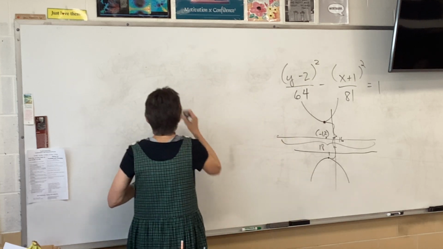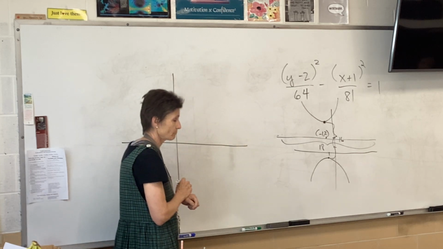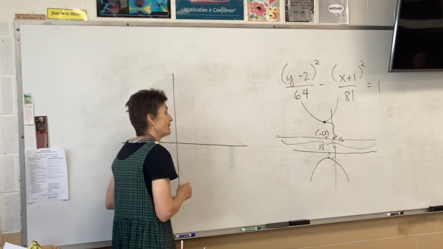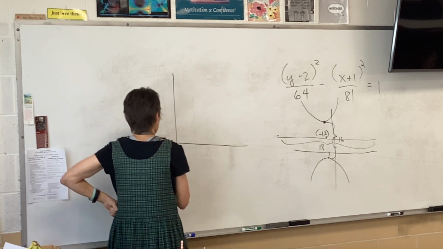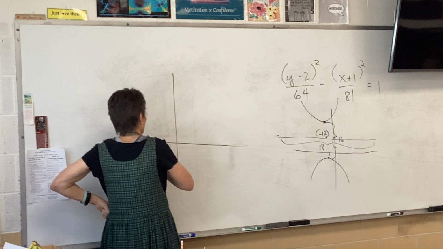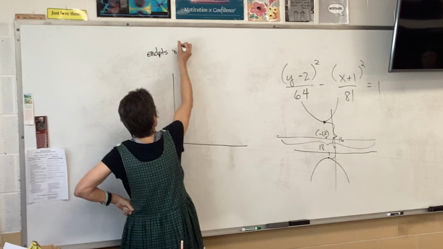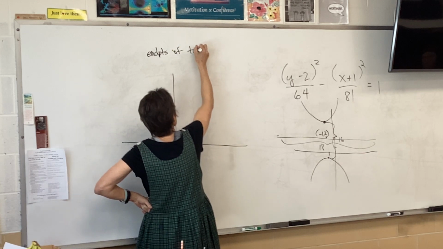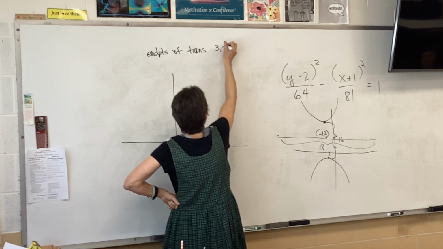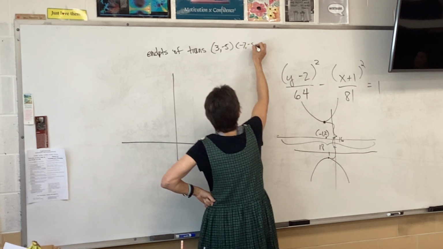So we have a hyperbola. I got to plan this a little bit here. And I know that the endpoints of the transverse axis are (3, -5) and (-7, -5).